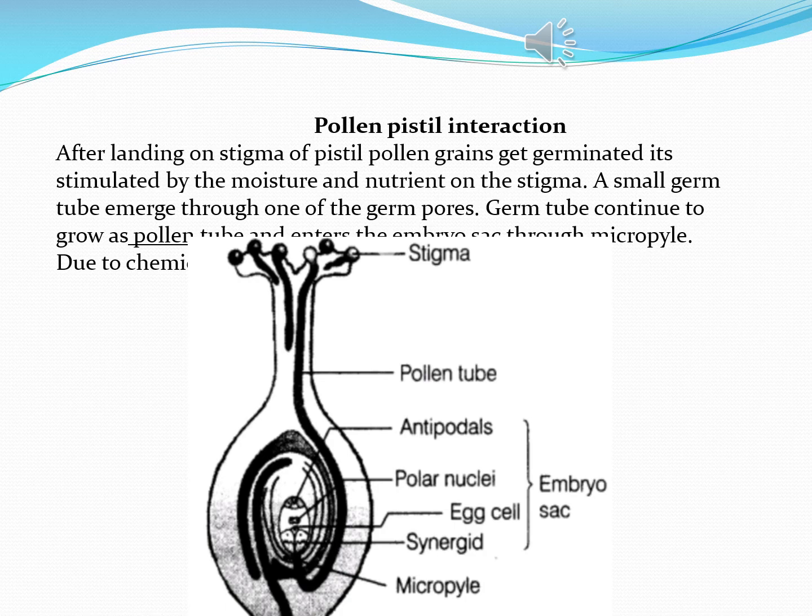This pollen tube enters inside the pistil and reaches the embryo sac through the micropyle. It reaches it because of chemical attraction. The pollen tube reaches the egg, and the male gamete fuses with the egg cell and leads to syngamy or fertilization. So this whole thing we consider as pollen pistil interaction.